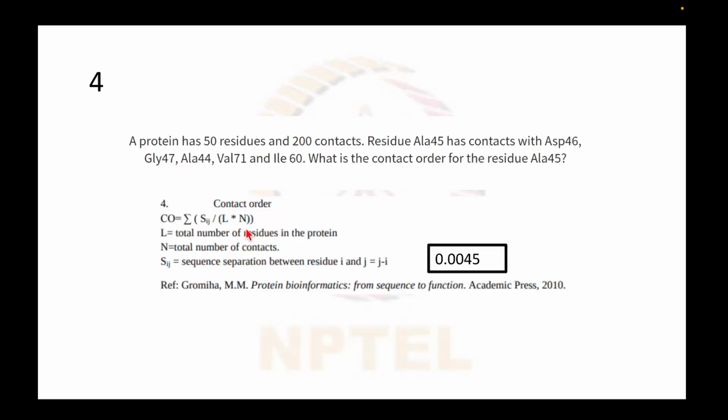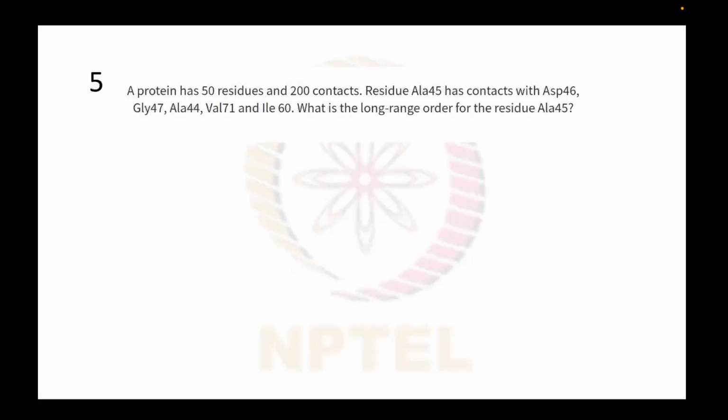So overall the contact order of residue alanine 45 with these given neighboring residues is 0.0045. Then on a similar protein we will try to calculate the long range order.